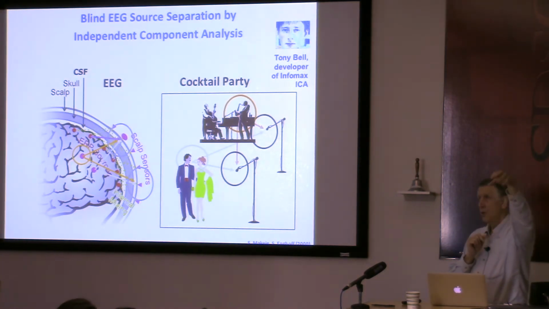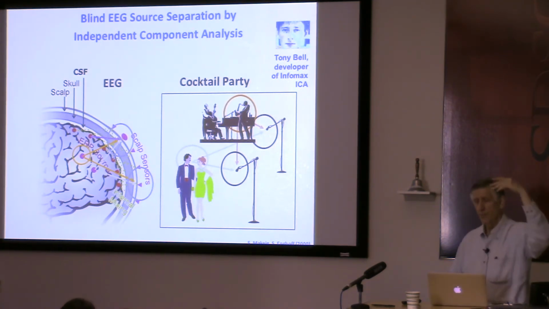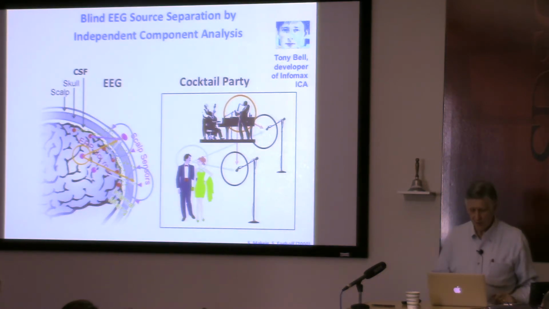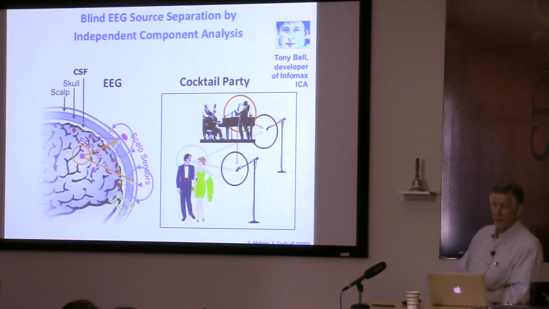So the phase of the received signals at the different recordings, if you have an oscillatory signal, for instance, can be quite different at the different microphones. It makes the problem more difficult. You have to deconvolve those phase differences. With EEG, the propagation is instantaneous for all reasonable purposes, and therefore, the summation is exactly linear at EEG frequencies. So the problem is actually more ideally suited for ICA.